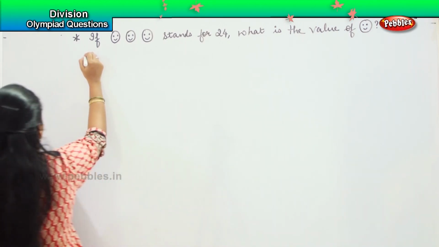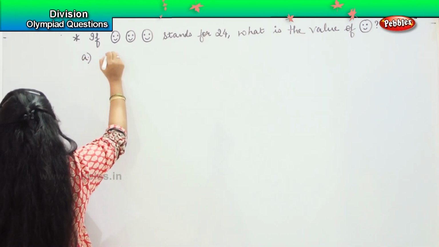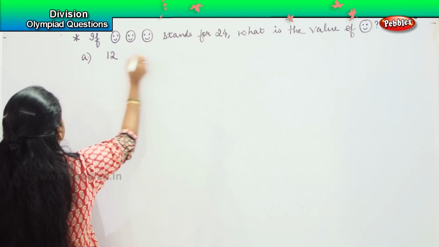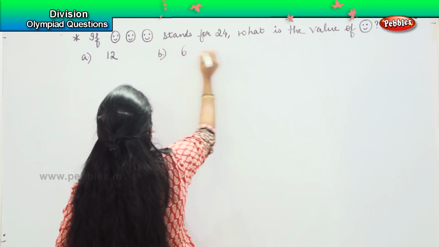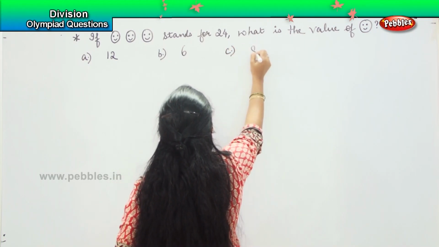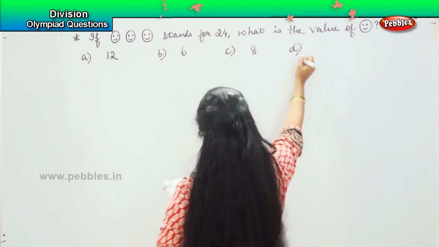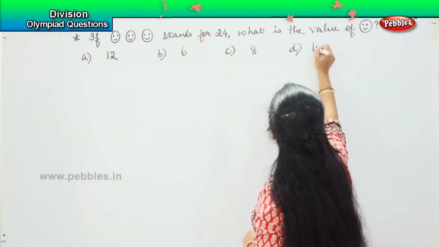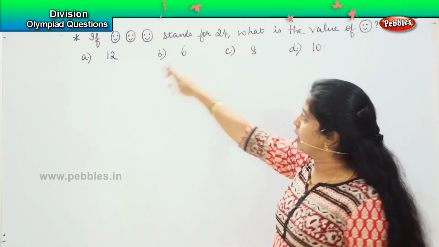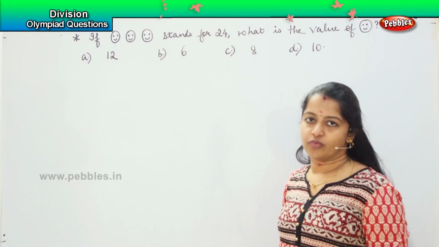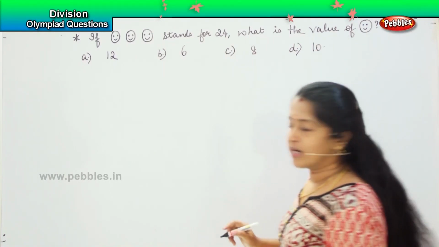Your options are A 12, option B 6, option C 8, and option D 10. So if the value of 3 smileys is 24, what is the value of 1 smiley?